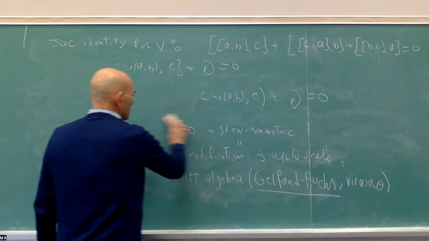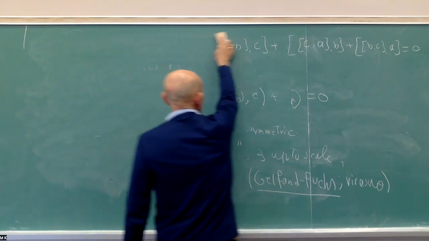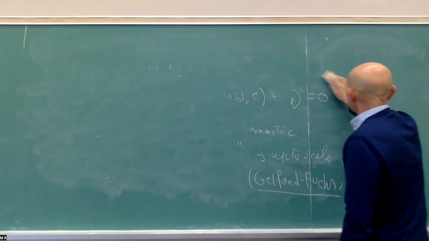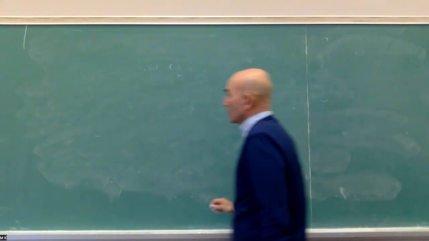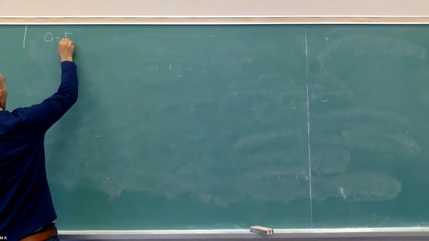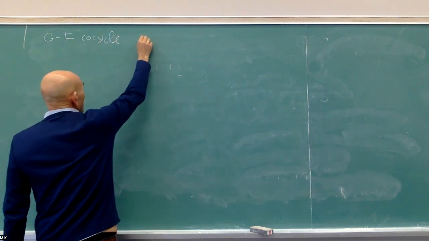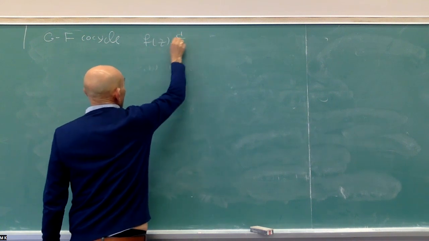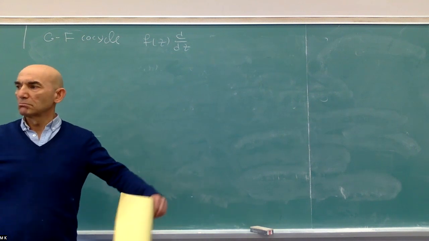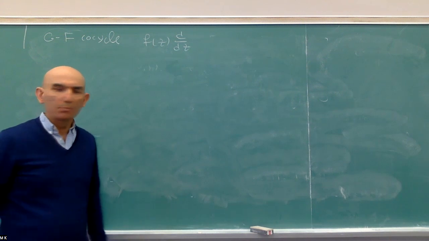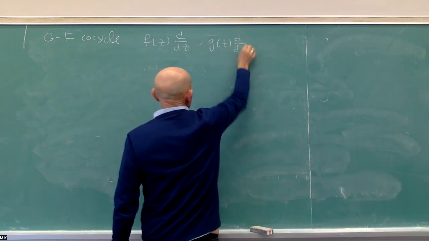Okay, so they wrote it like this. Let's take f of z dz, which is one element of the Virasoro algebra, where f is some Laurent polynomial, and g of z dz.